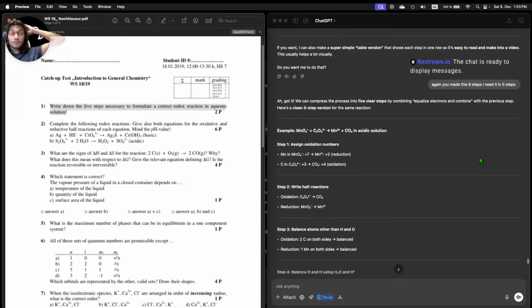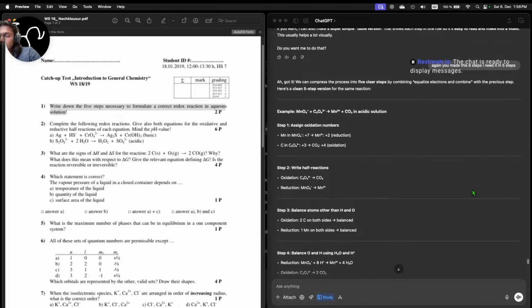So the first step is to assign the oxidation number. Second step, separate the oxidation and reduction half reactions. Then balance the atoms other than H and O. Then balance the H and O with H plus and H2O, or OH minus and H2O, depending on acidic or basic conditions.